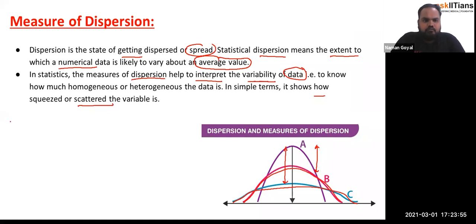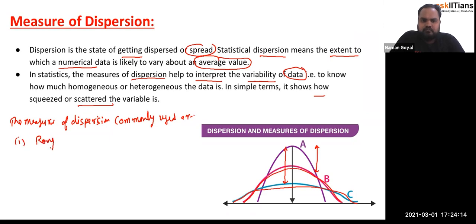The commonly used measures of dispersion are, first, range, which we already learned. Second is mean deviation.